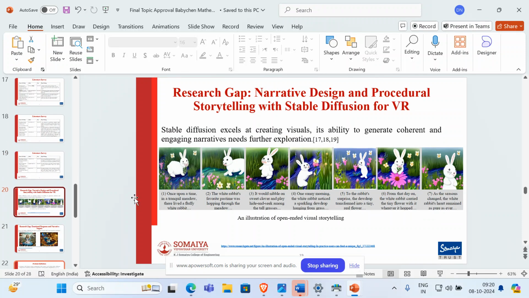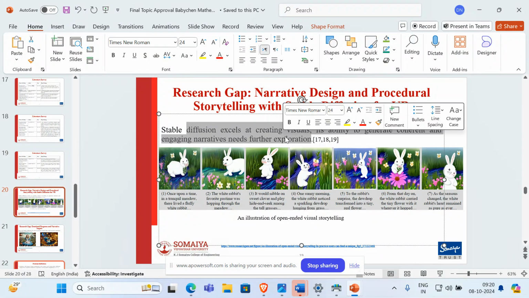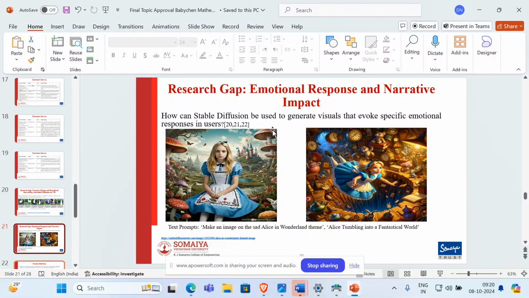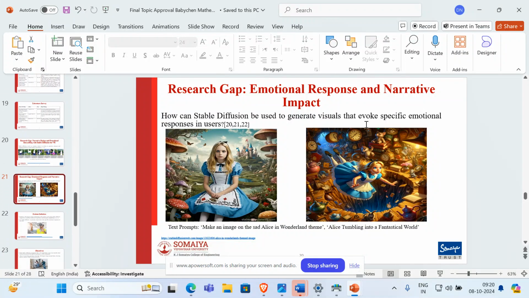Then research gap. It looks like you are trying to improve stable diffusion, but it has to have the main focus around VR. All these images look cartoonish, but there are many models you should look into which are more realistic.